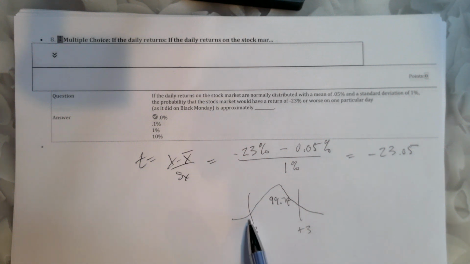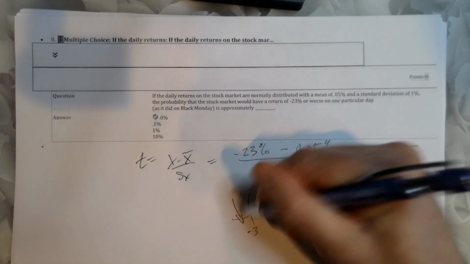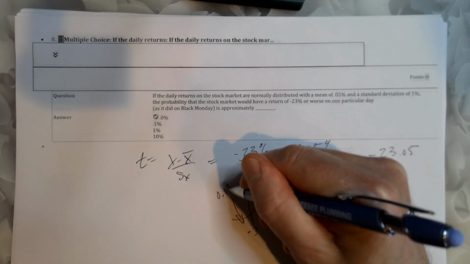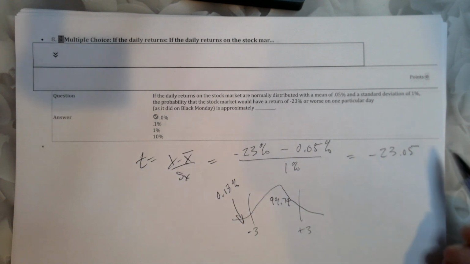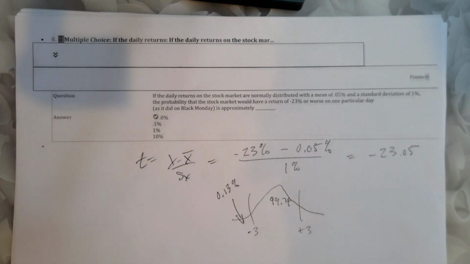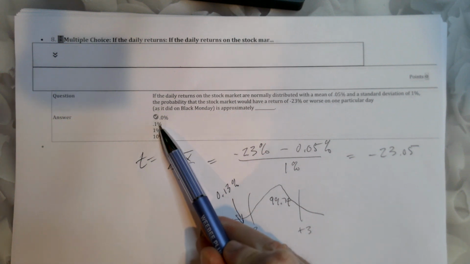And if we divide that by 2, since we have symmetric tails, that means in this one tail it would be 0.13%. Now if this thing is 0.13% at minus 3 standard deviations, what is it at minus 23 standard deviations? Well, it's definitely less than 0.1%.